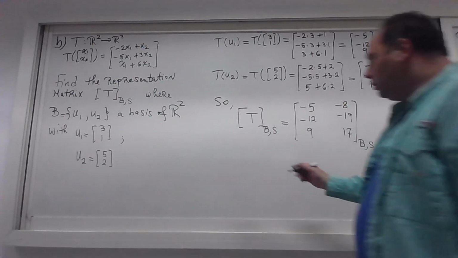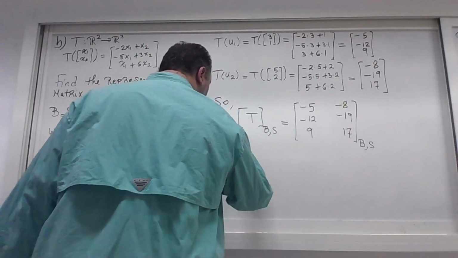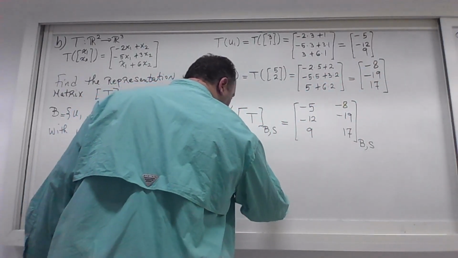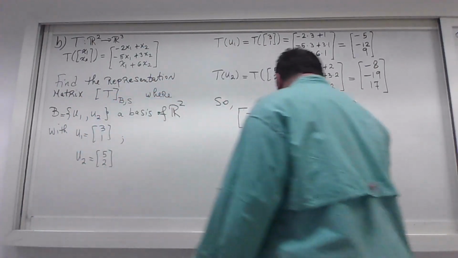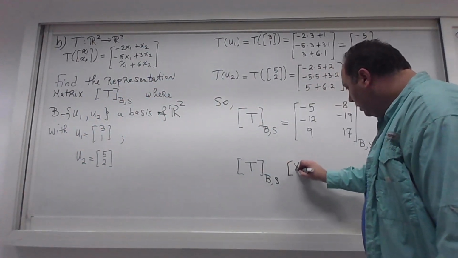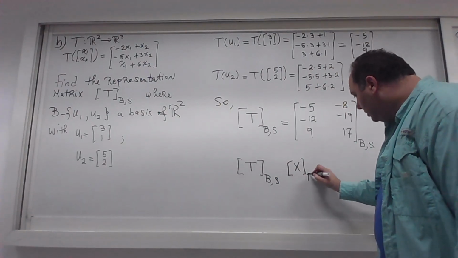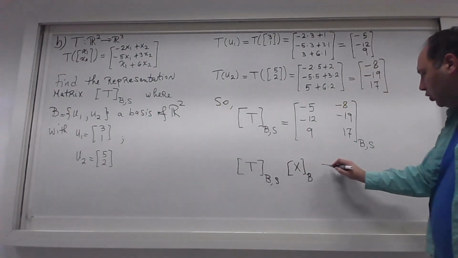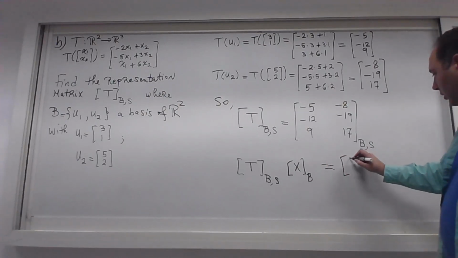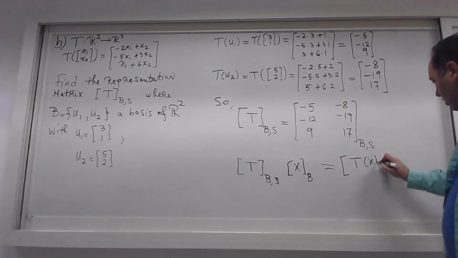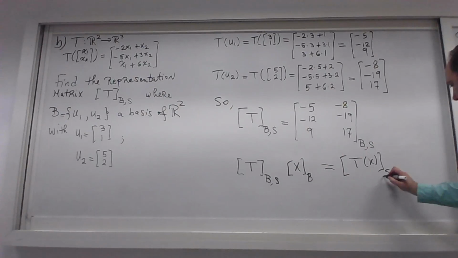When we use this matrix, T_BS, we need to multiply the coordinates of the vector x in basis B, and what we get as a result are the coordinates of the image in the standard basis.